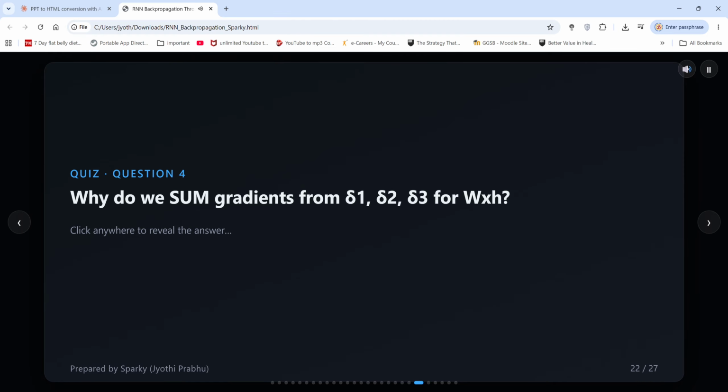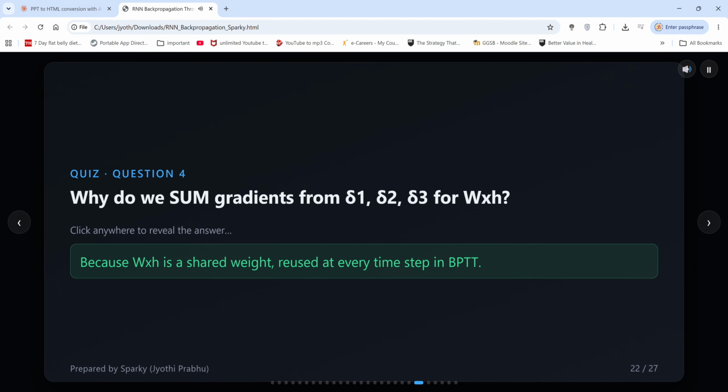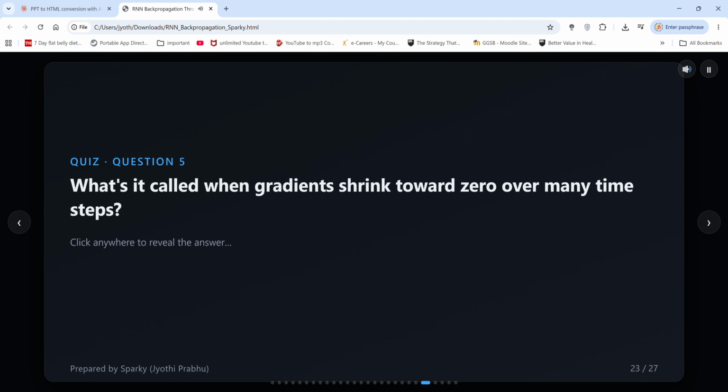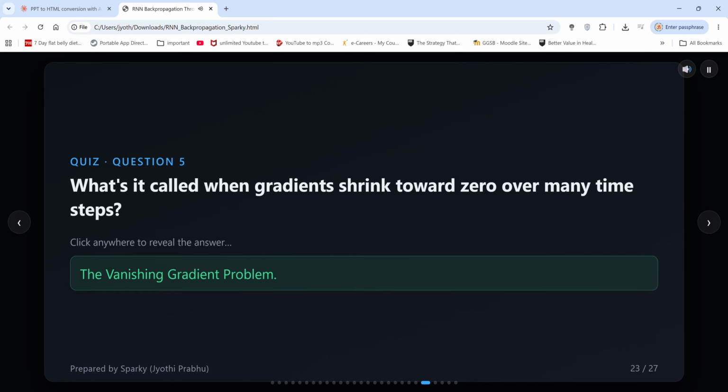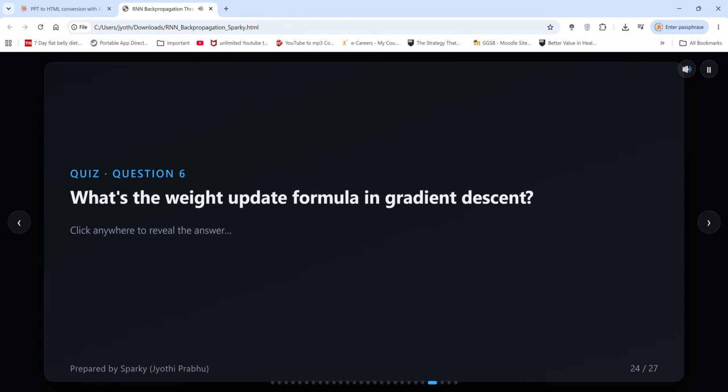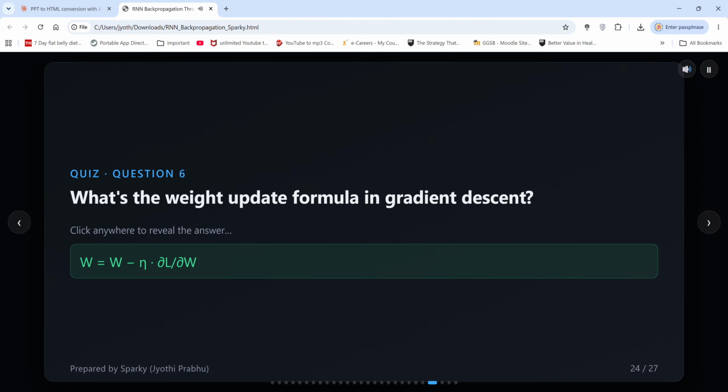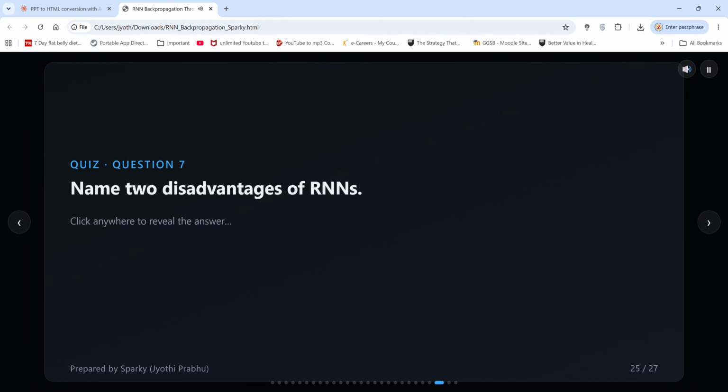Why do we add together the gradients from delta 1, delta 2, and delta 3 for Wxh? Next question. What problem happens when gradients shrink towards zero across many time steps? Next question. What is the formula for updating a weight using gradient descent? Last question. Name 2 disadvantages of RNNs.